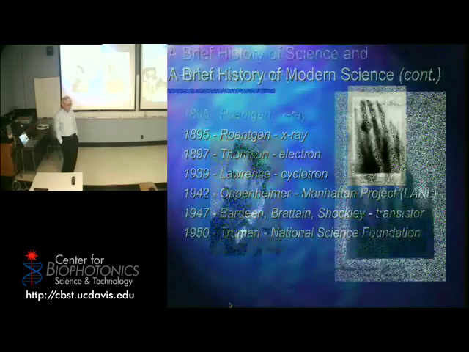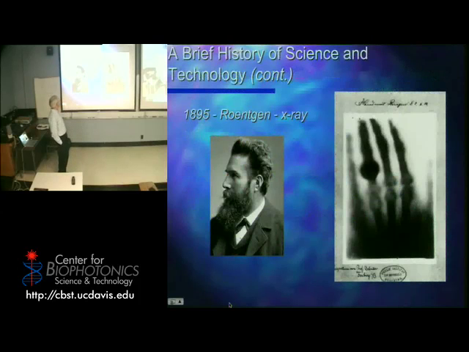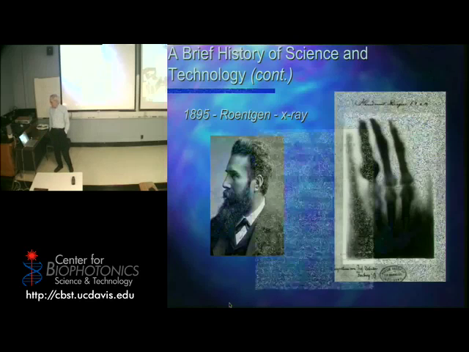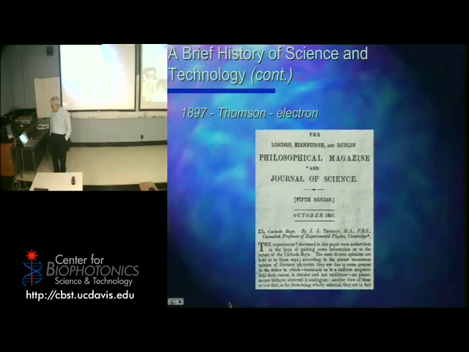So that's Professor Rankin and his wife's hand there, the very first radiograph. This is the paper that Professor Thompson published in the Physical Philosophical magazine in 1897, talking about his experiment. He was basically, refers here to cathode rays. This was really an experiment in a primitive version of an old television tube.